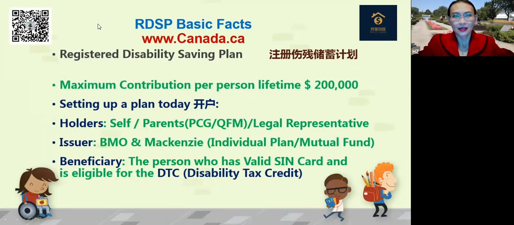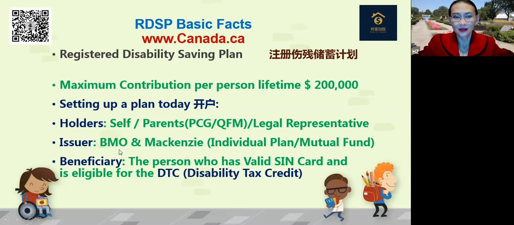So for the registered disability savings plan, we know that the maximum contribution per person in the lifetime is 200,000. And we set up a plan today. We have different parties. Number one is the holder. Could be the person him or herself, if the person is an adult, and could be the parents or legal representative.